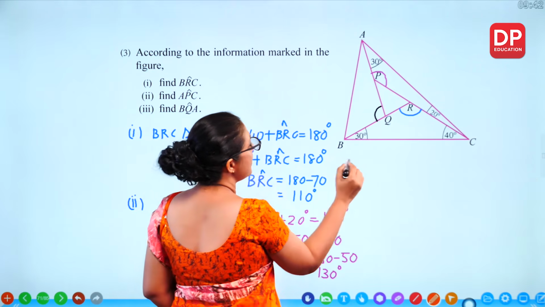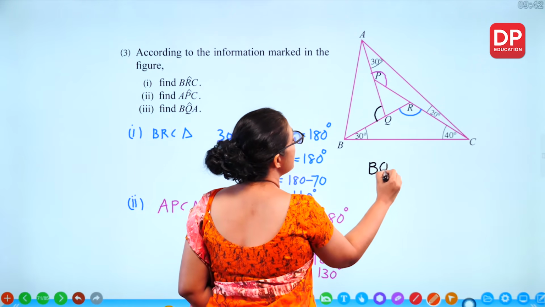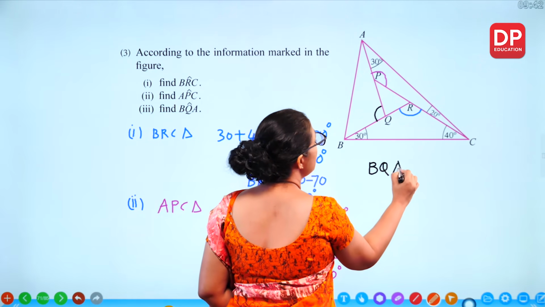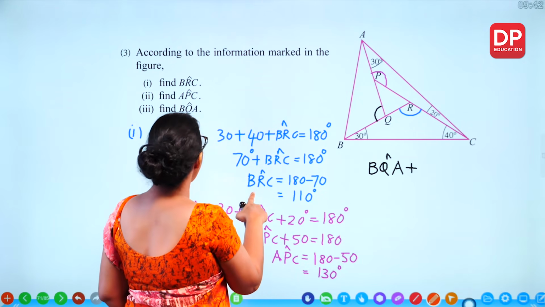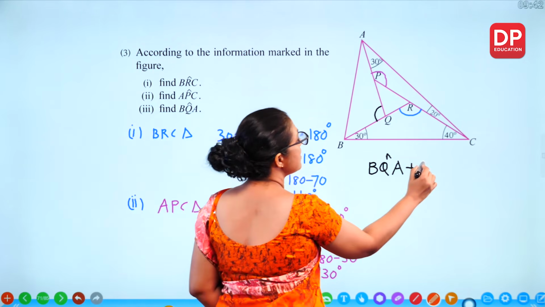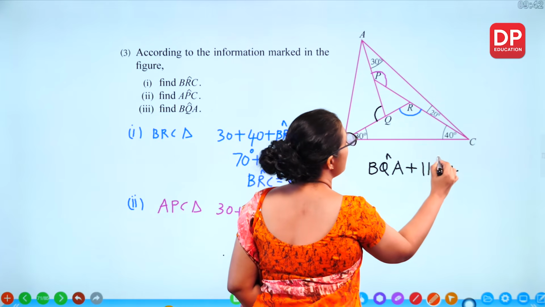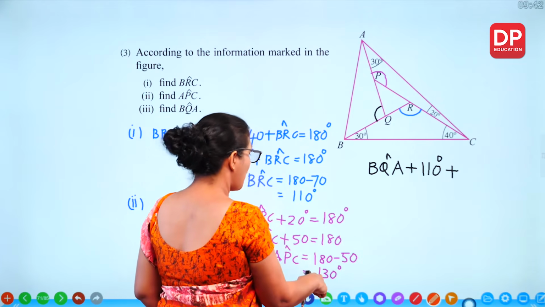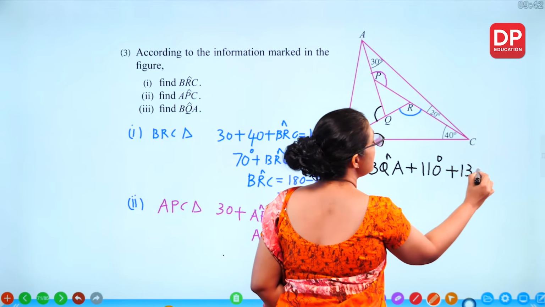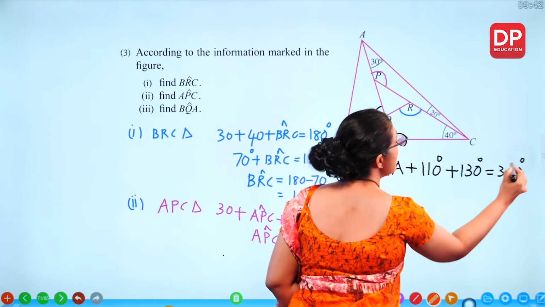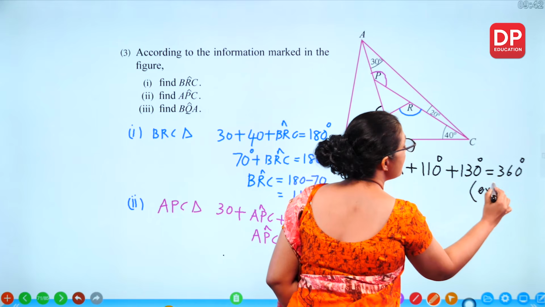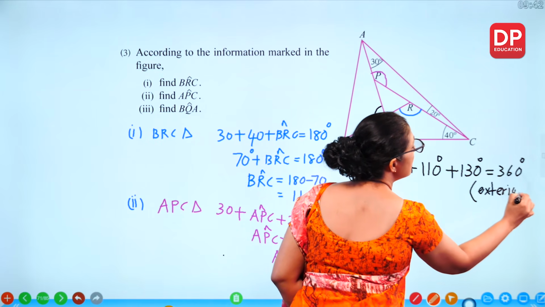So we can add BQA angle plus the R angle we found, that's 110, and the P angle we found, that's 130. Those three angles add up to 360 because of exterior angles.